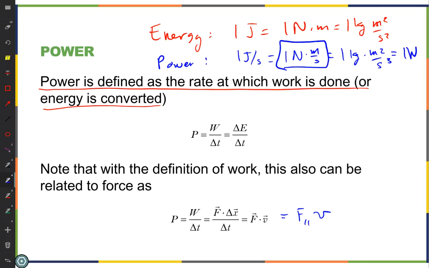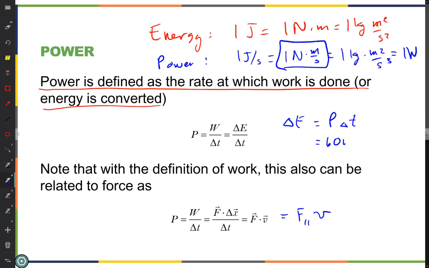If it asks you how much energy did it use, then power is the rate it's using energy, so the energy used, delta E, is equal to power multiplied by change in time. My hand gets ahead of my brain.